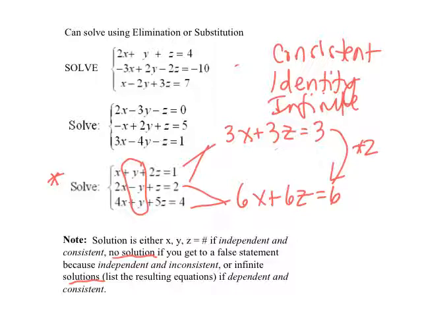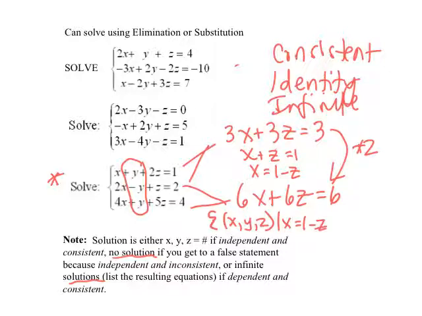So what we have to do is actually answer the question and say this is the solution for x, y, and z. And it is such that we can write x in terms of z. Let's see, if I wanted to solve x in terms of z, we end up with x plus z equals 1 after dividing everything by 3. So x equals 1 minus z.